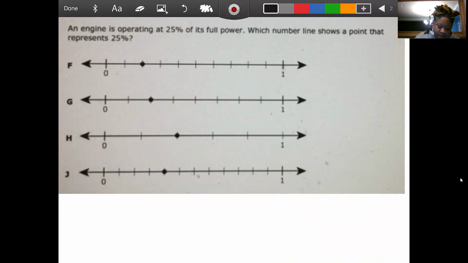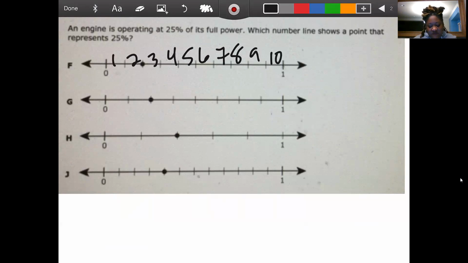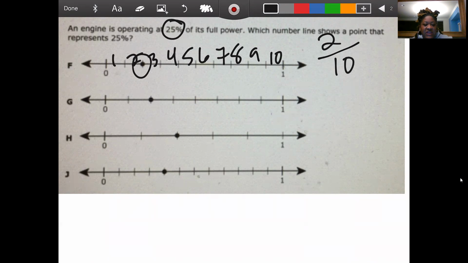All right, so for example, there's 1, 2, 3, 4, 5, 6, 7, 8, 9, 10. If there's 10 pieces of pizza, right, and the dot is on 2, that's your fraction, 2/10. Now you're going to convert that fraction to a percent. And when you convert it to a percent, which one equals 25%? F, G, H, or J?